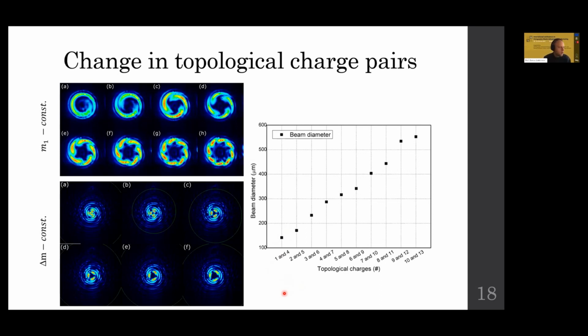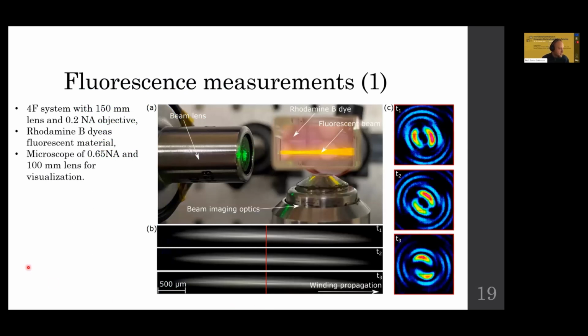And not only observations based on CCD camera-based plane observations, we made another test. Well, we wanted to see the structure directly and without intermediate tricks. So we formed such a beam and illuminated a fluorescent dye. And we observed the structures sideways as they produce the windings along its propagation direction.